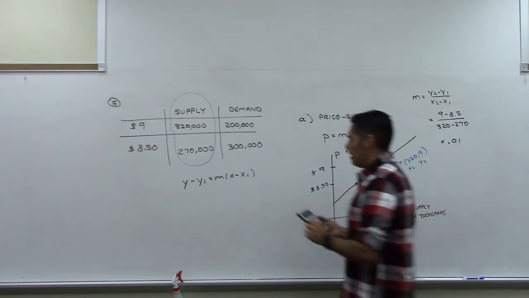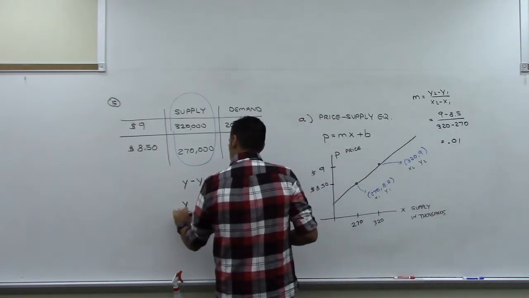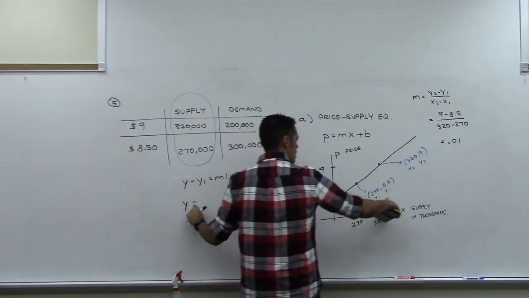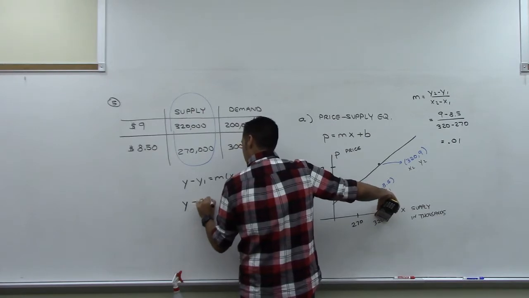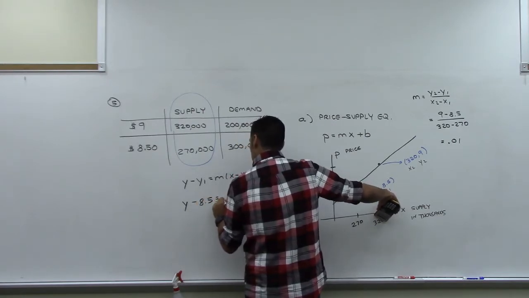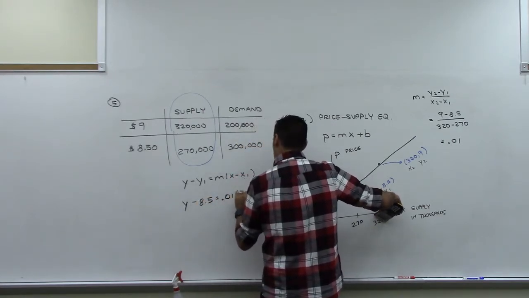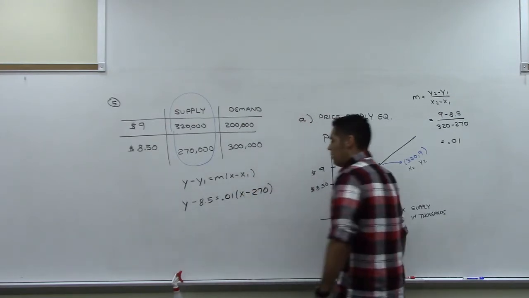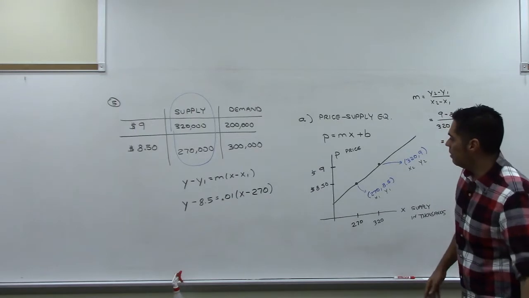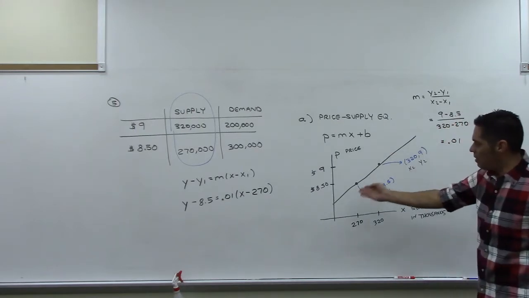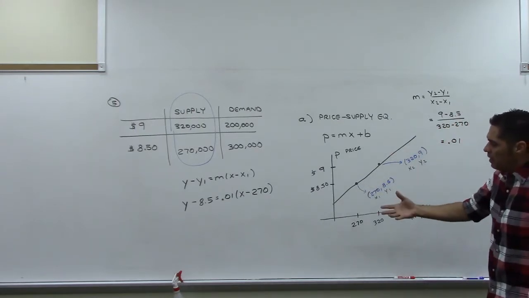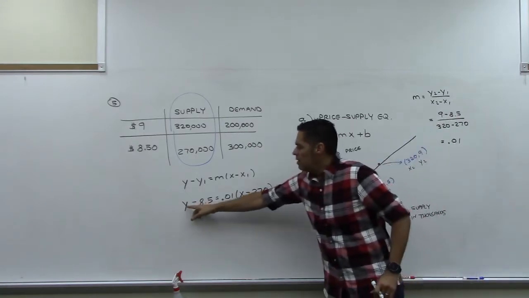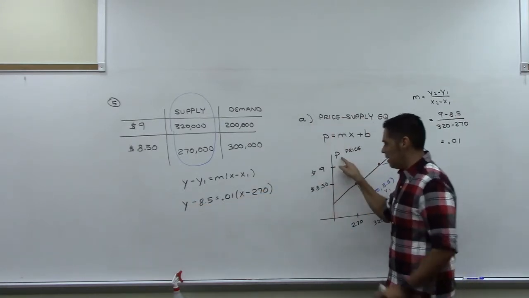And now I come back over here. y minus y1 is 8.5 equals m, which is 0.01, times x minus 270. So that is my linear equation that describes this line. Let me replace some variables. My y is actually this axis, so that's p.